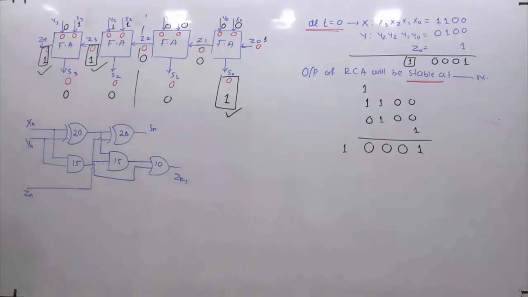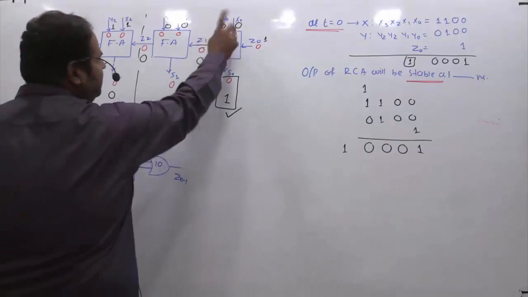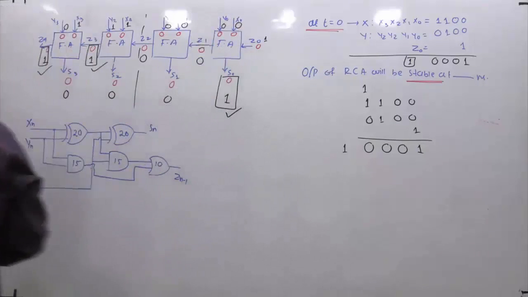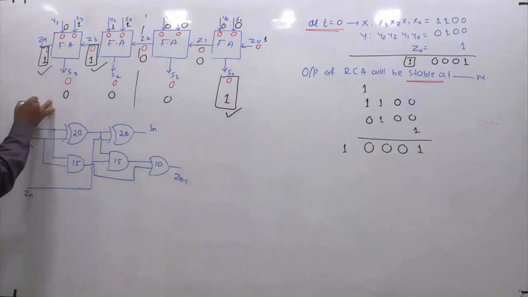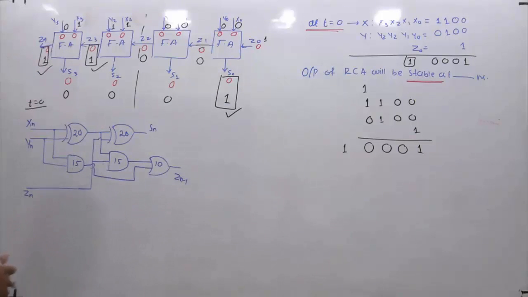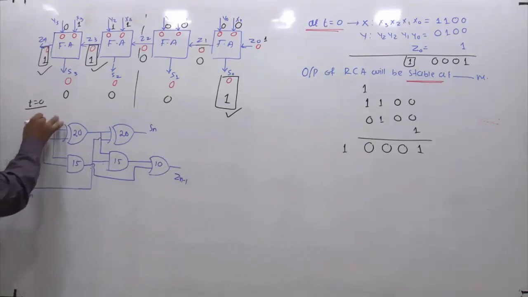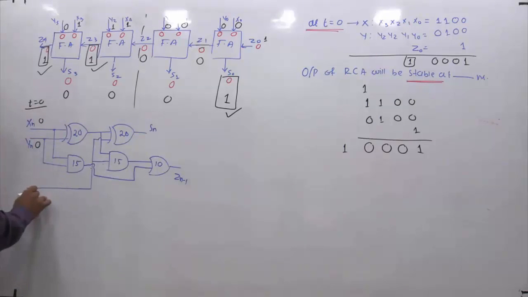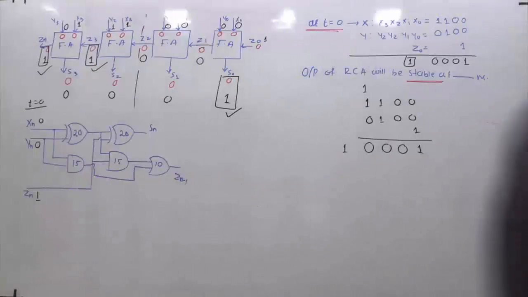See here, at what time are you applying these inputs? You are applying the inputs at t equal to 0. What input have you applied? You made xn equal to 0, yn equal to 0 and zn equal to 1. Let us also do one thing here.